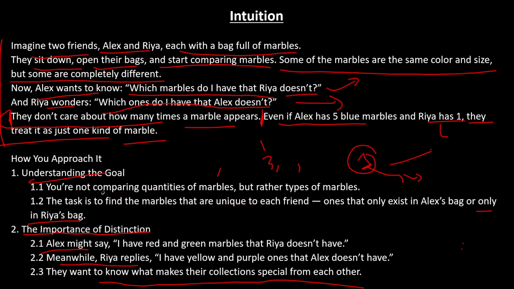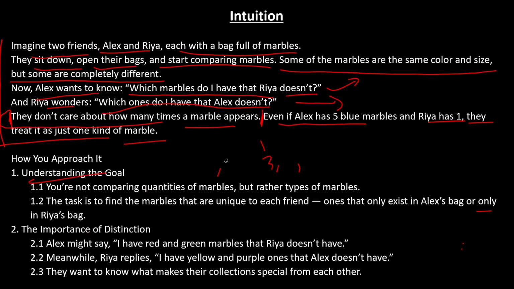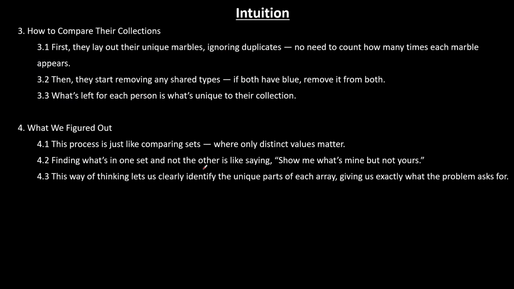Now, the thought that comes to our mind is how we will do it in the given scenario of the question. If you understood the intuition, what could a person be doing? First, let Alex have two red marbles, green marbles, blue marbles, and yellow marbles.